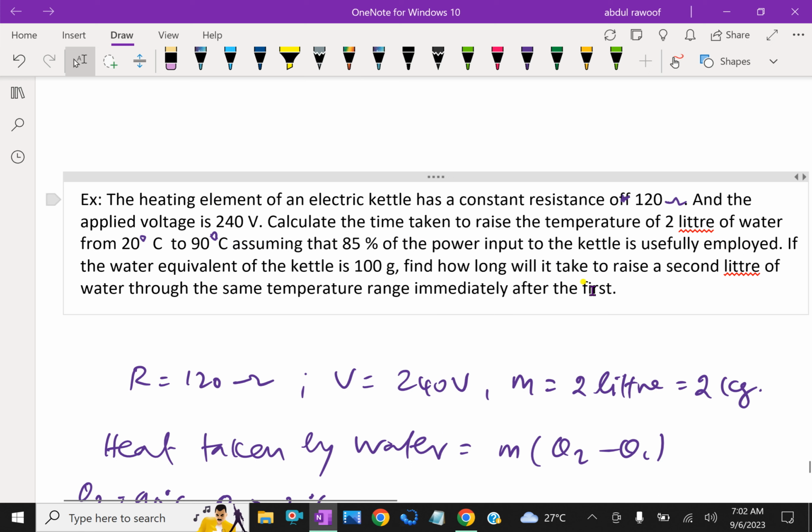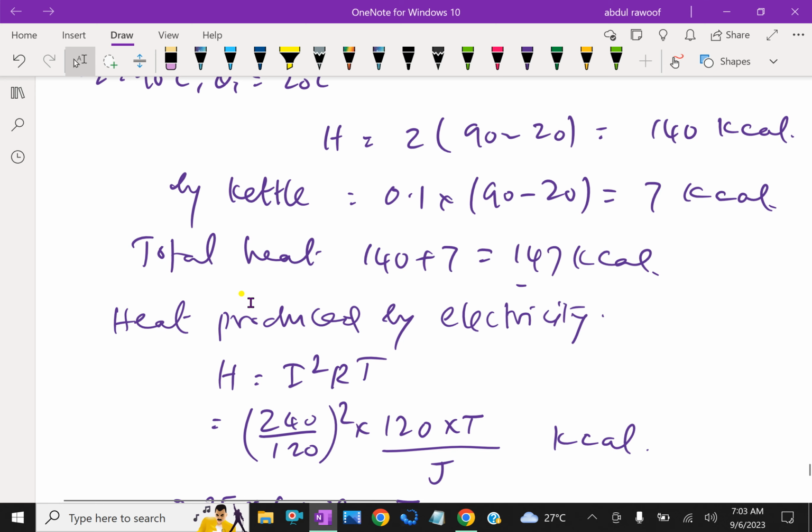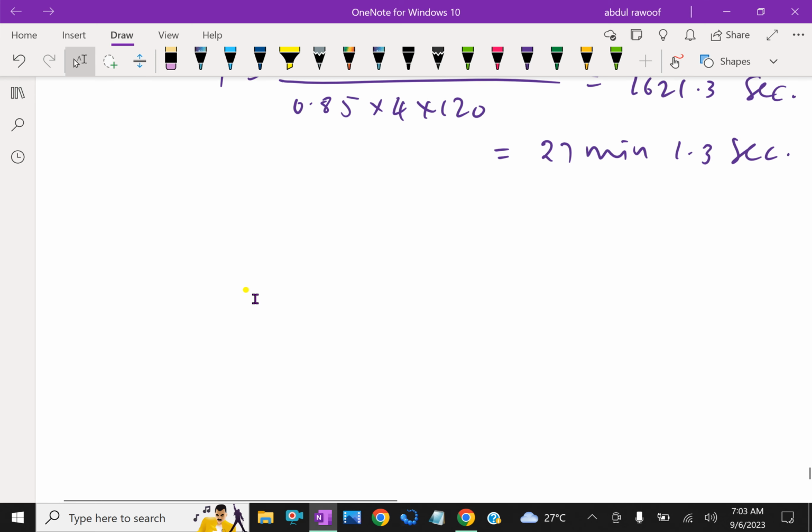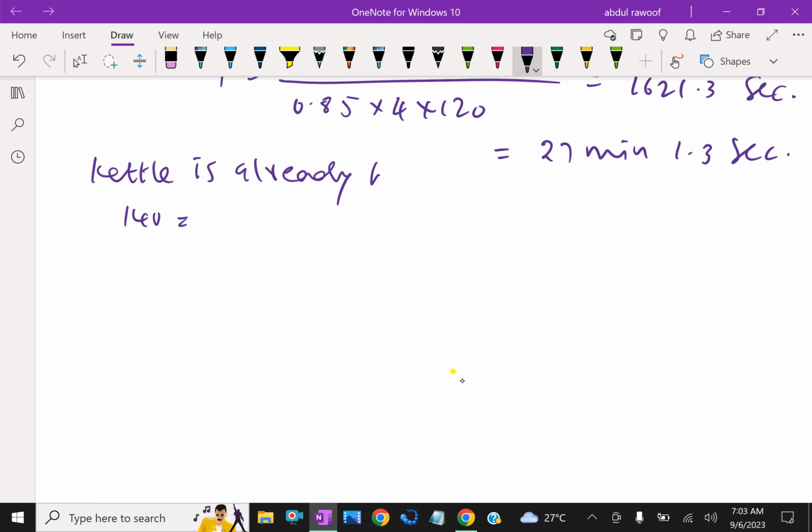Now in the second case, find how long it will take to raise a second liter of water through the same temperature range immediately after the first. That means here, the same 140 means heat taken by water itself. Here we are not considering the kettle because the kettle is already hot.